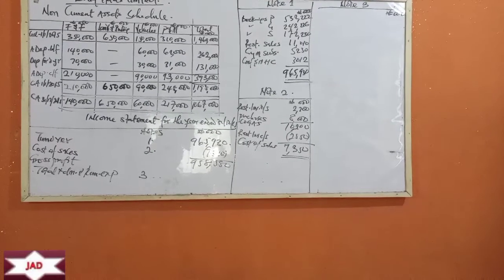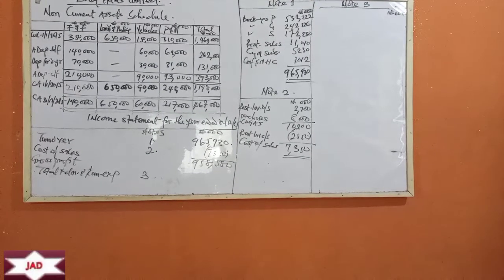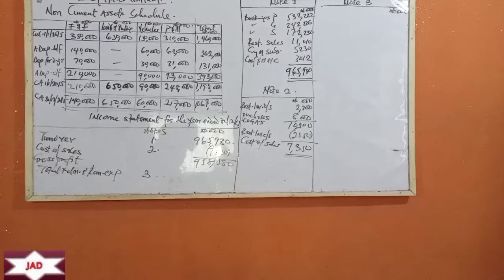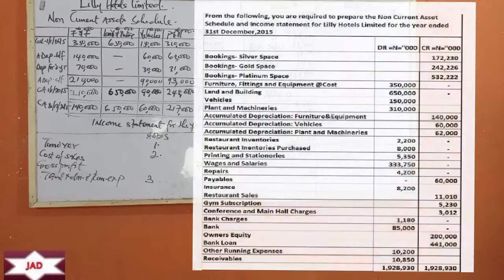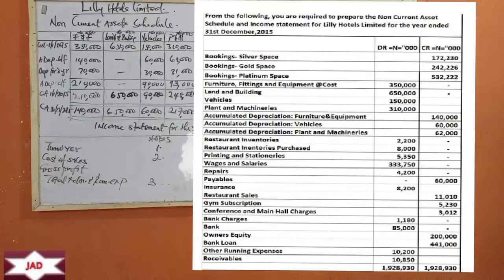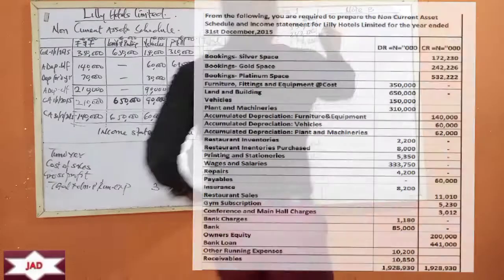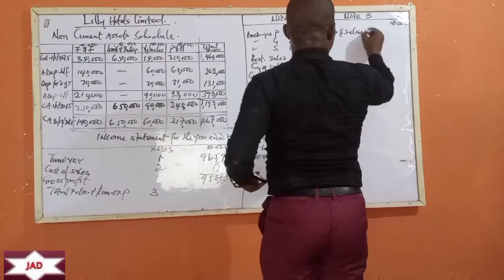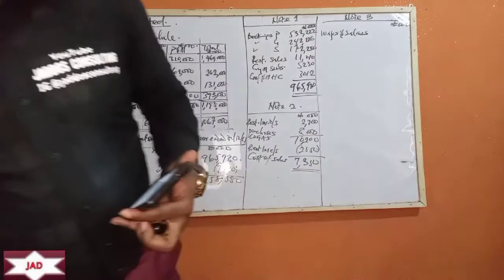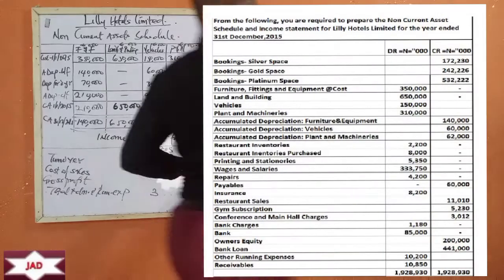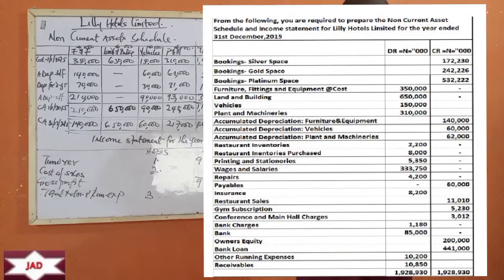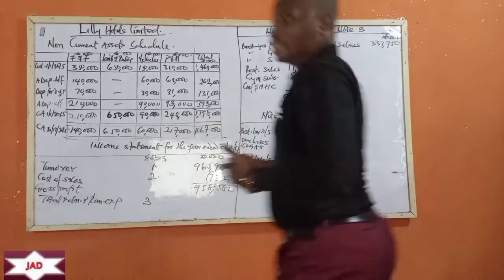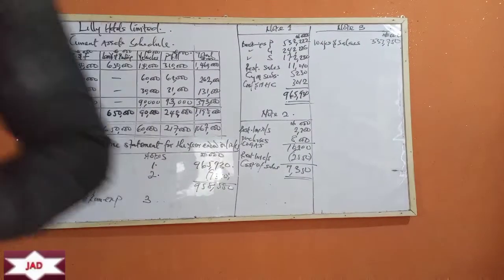We have wages and salaries. What do we have there? 333,750.